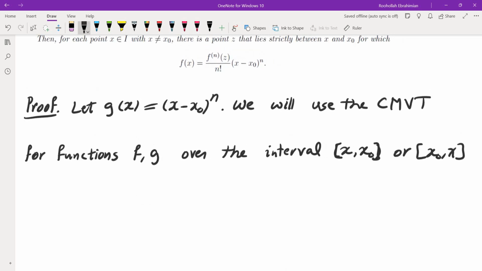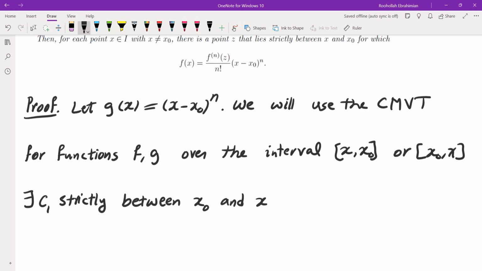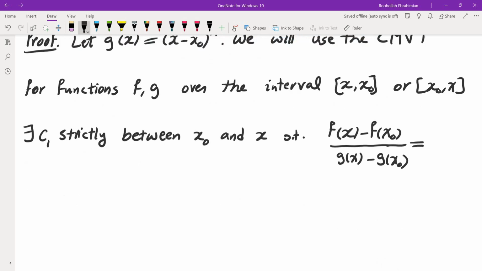Okay, so what we know is this. We know that there is some, perhaps I will call that c1, inside one of these intervals, although it has to be inside the open interval, strictly between x naught and x, such that f of x minus f of x naught over g of x minus g of x naught is equal to f prime of c1 over g prime of c1.